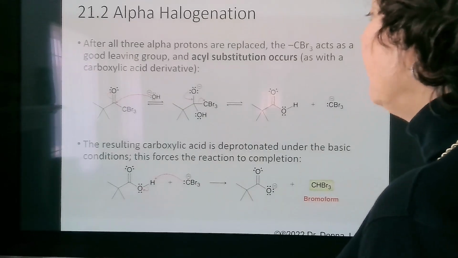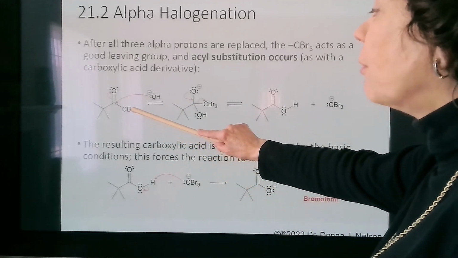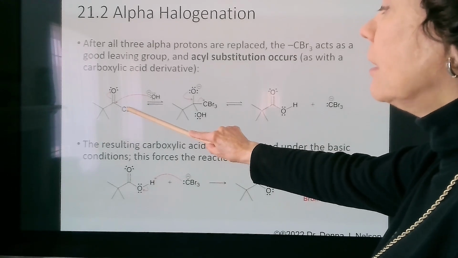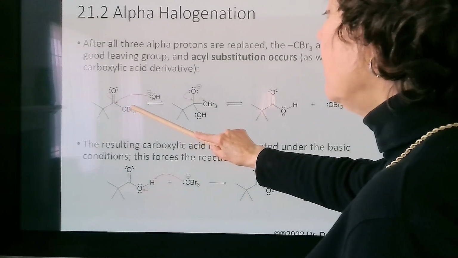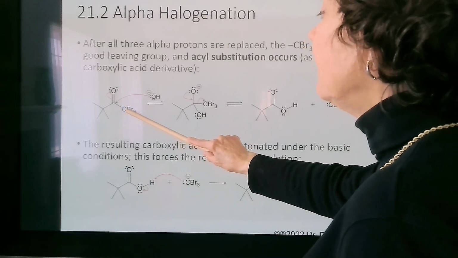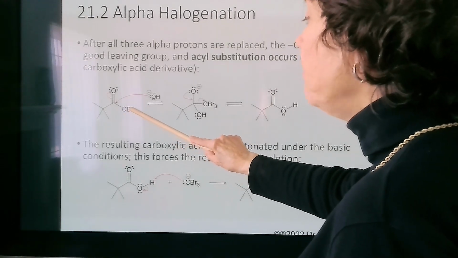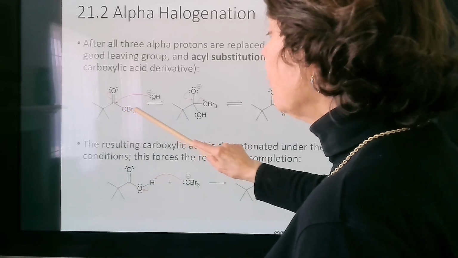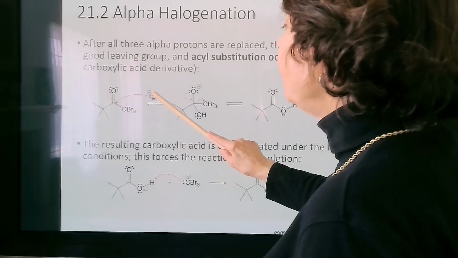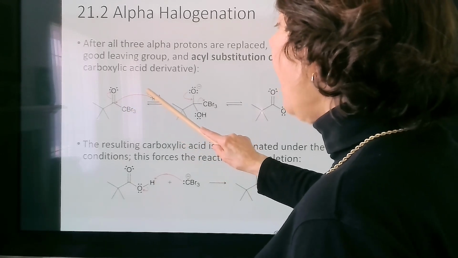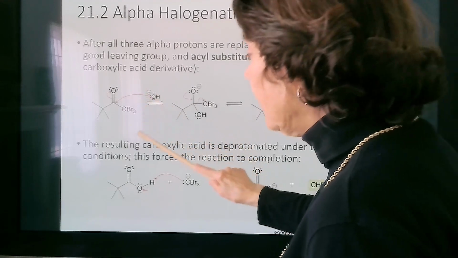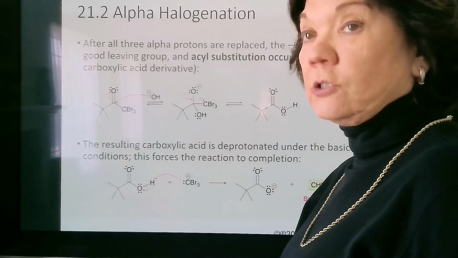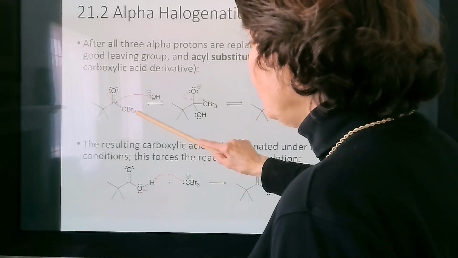So let's look at this mechanism. Once you have bromination occur 3 times at that methyl group, because when you have the methyl there, that's 3 active CH bonds, each one can be replaced by bromine. Now what happens is you have the CBr3 at that position. Hydroxide, remember this is under basic conditions, can come in and do a nucleophilic attack just like a carboxylic acid derivative, where this is a good leaving group.